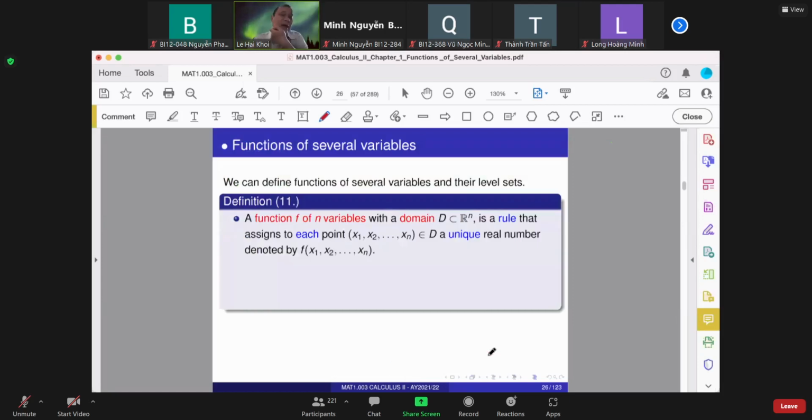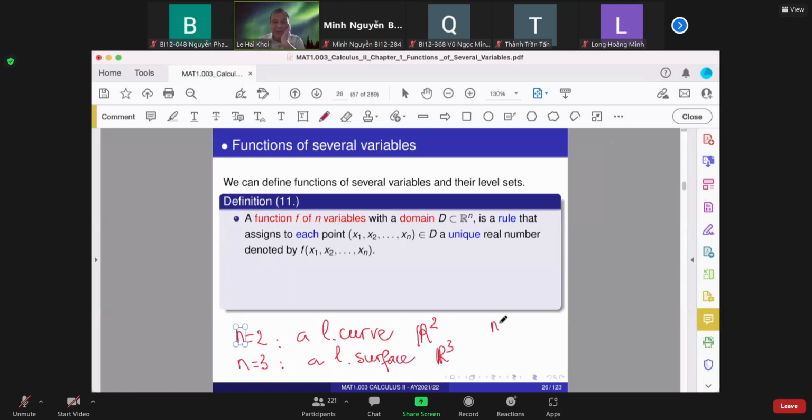So n equal to 2, you call a level curve because it is in R2. N equal to 3, you call a level surface because it is in R3.